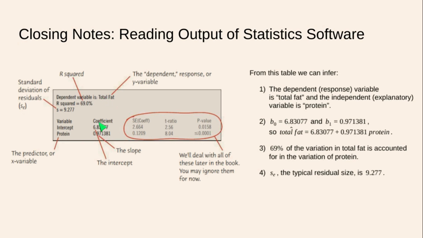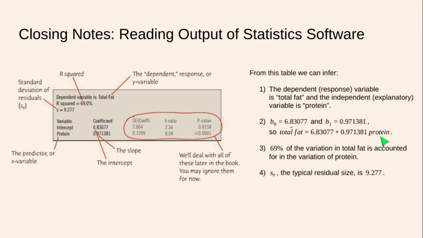Our input is down here, all right? It's under the variable column, all right? This is the predictor, or the x variable, right? Now, b sub 0 is equal to that. B sub 1 is equal to this. So we can form a regression line predicting total fat given inputs of protein, okay?